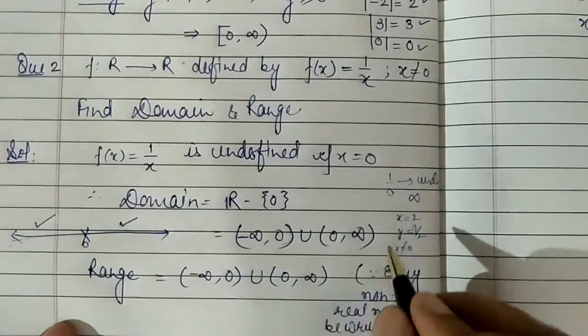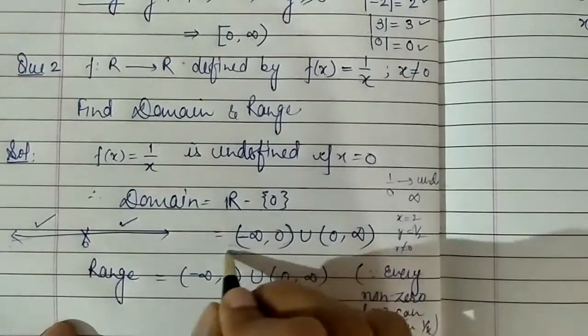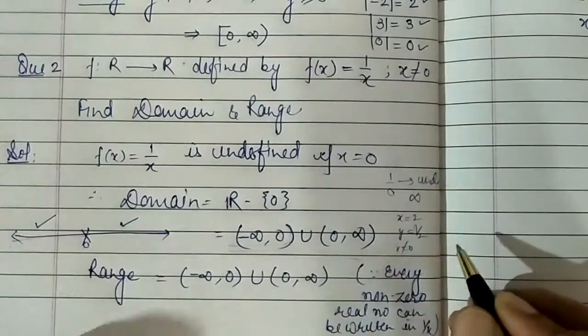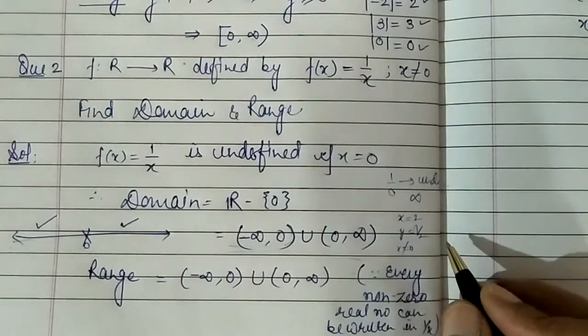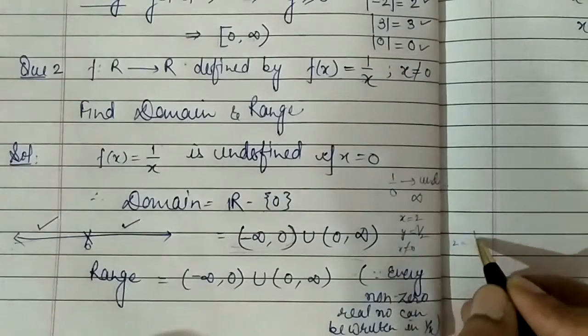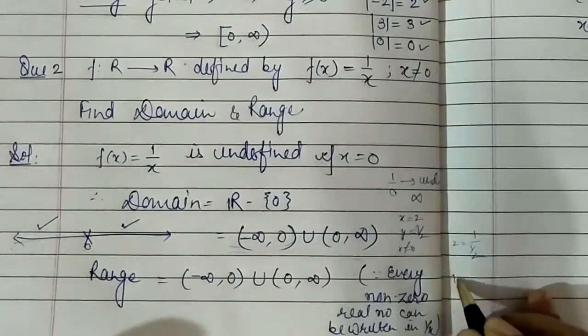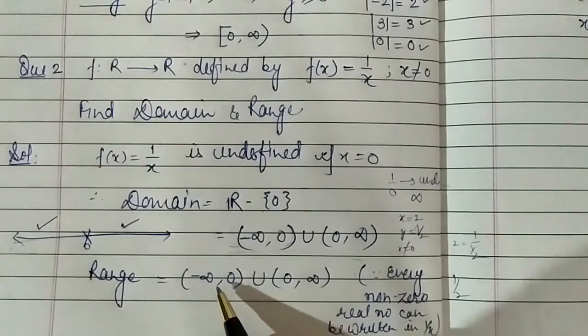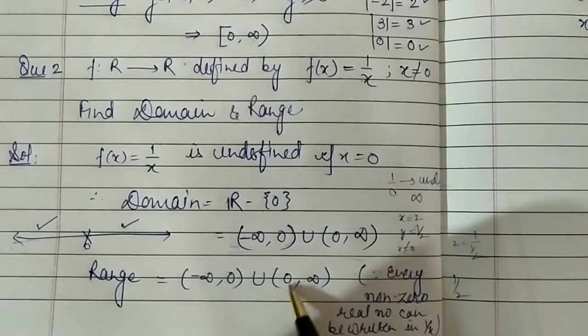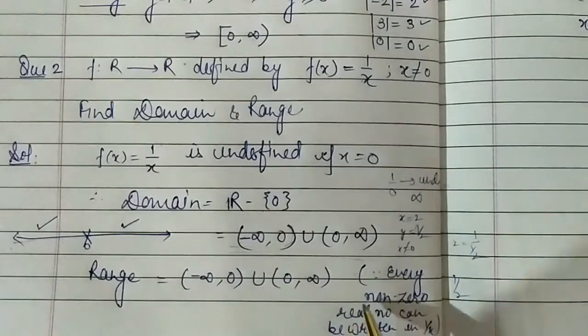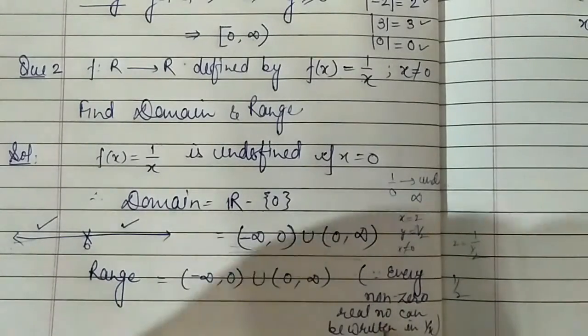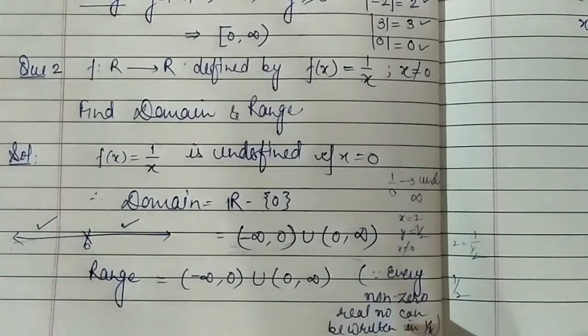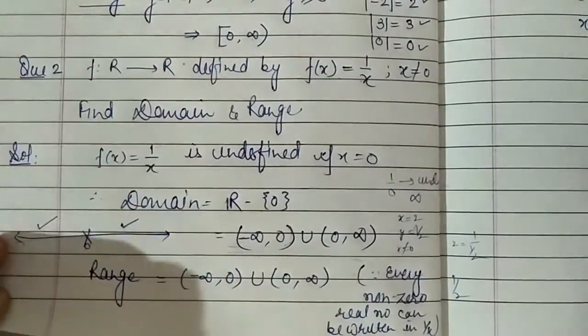And whatever non-zero real numbers are in the domain, you can write them in reciprocal form. Means if you have 2, you can write it as 1 by 1 by 2. 1 by 2 is already written. Means range will be minus infinity to open 0 union open 0 to plus infinity, as every non-zero real number can be written in the form of 1 by x. So this is the range.